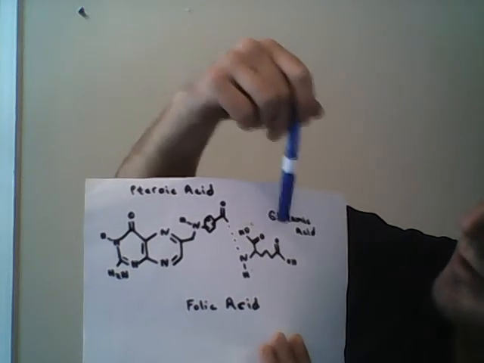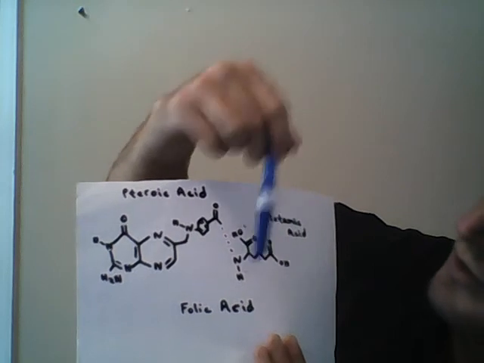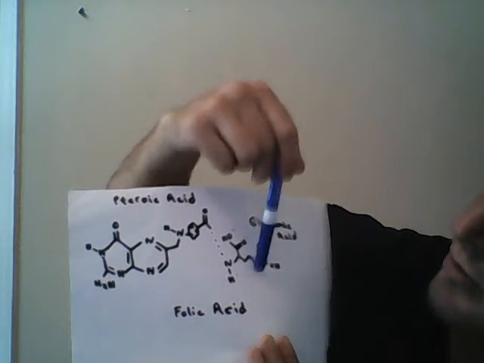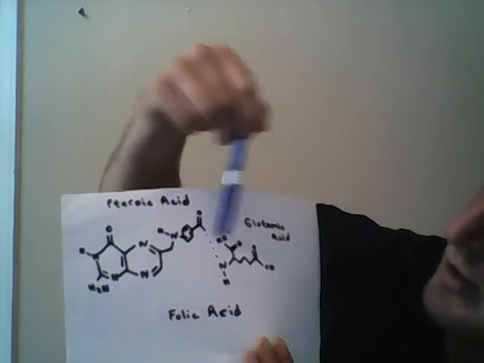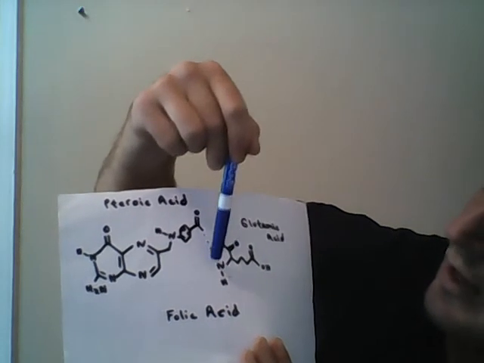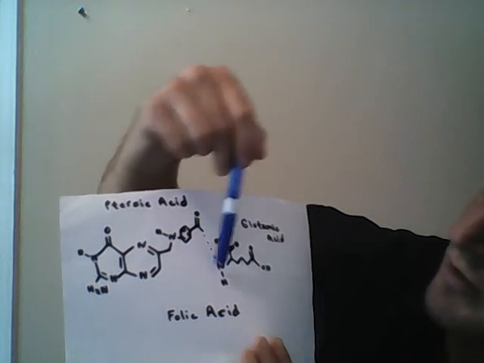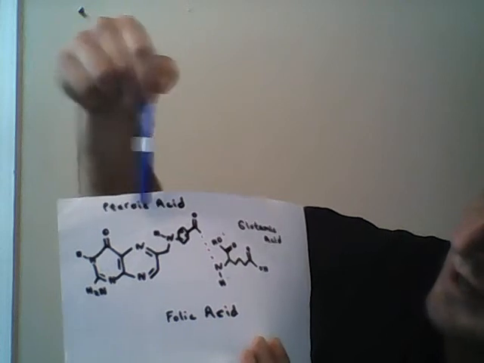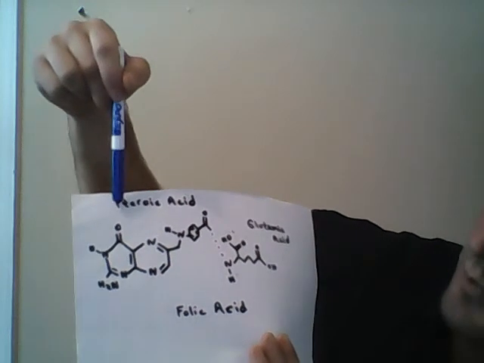The glutamic acid right here has a 7-chain carbon, a carboxylic acid group right here, another carboxylic acid group right here, and there's your amino group, written as a residue because it's going to attach to the pteroic acid, and the P is silent.